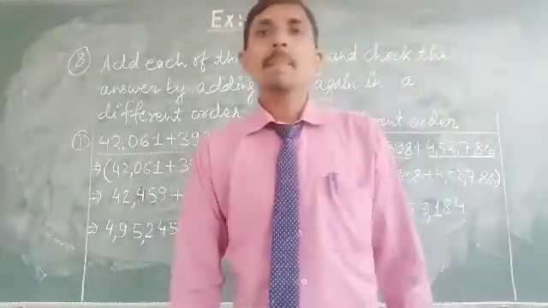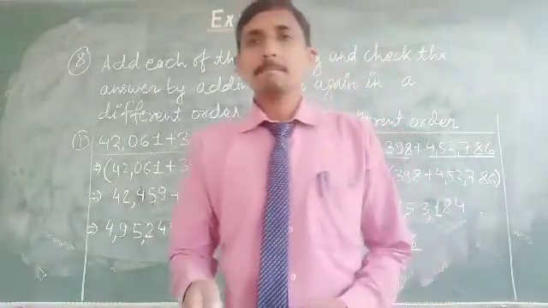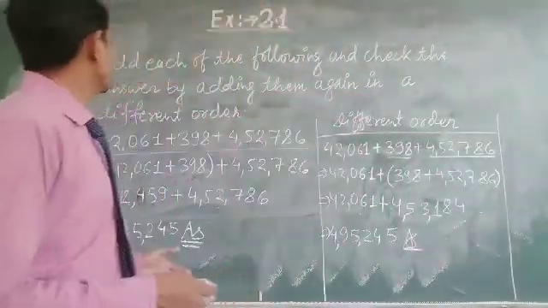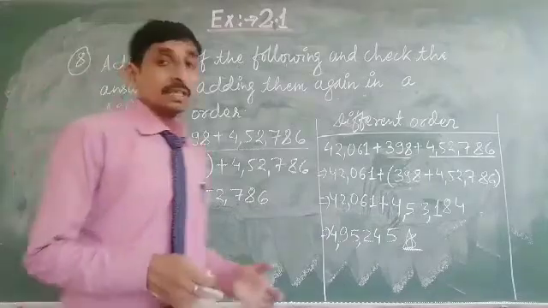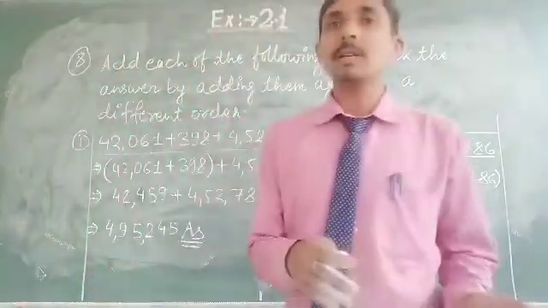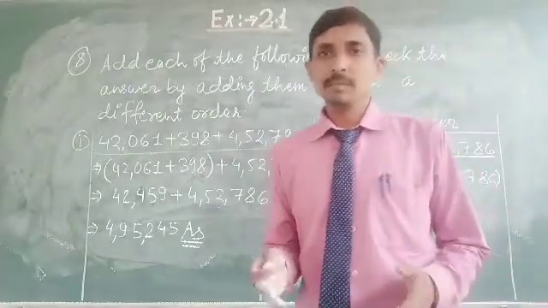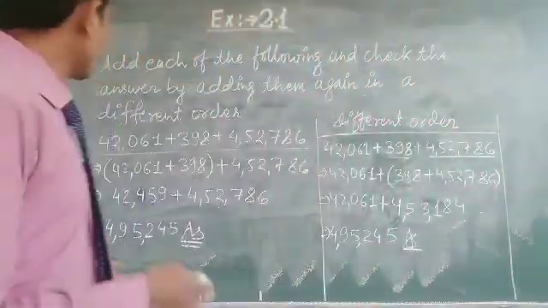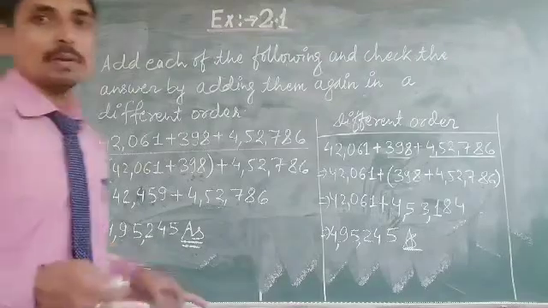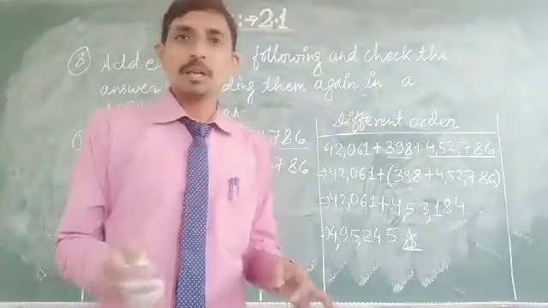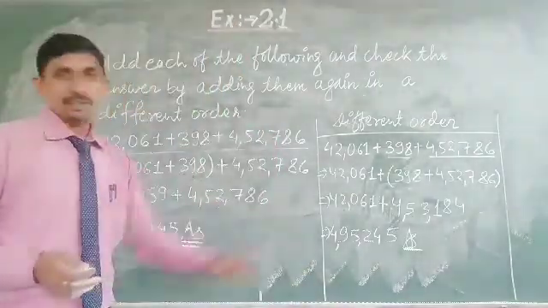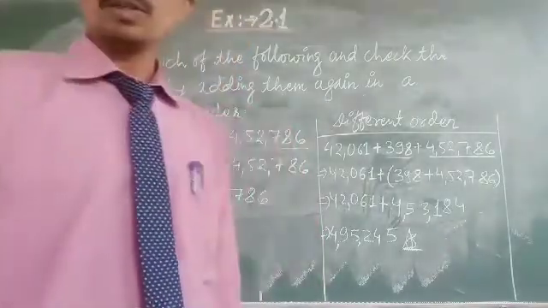So when we add the given numbers in different order, we also get the same result. Question number 2 is also given in question number 8, that you complete yourself by this trick, by using the process.